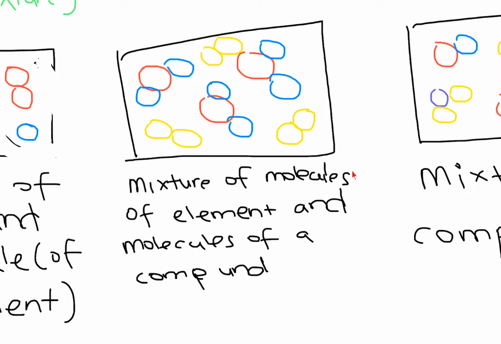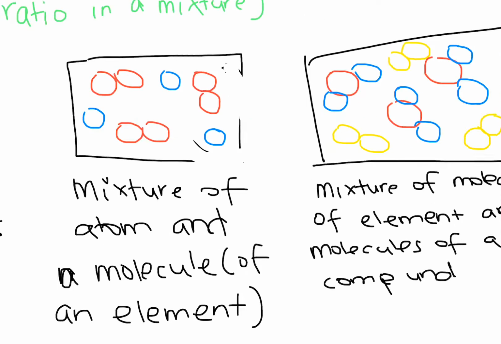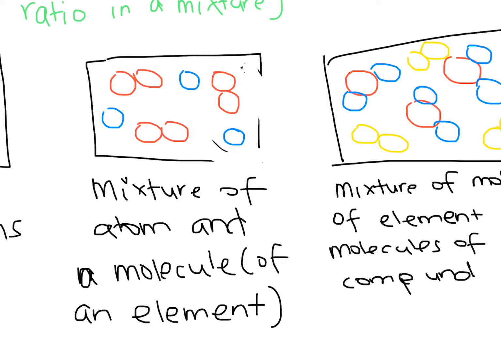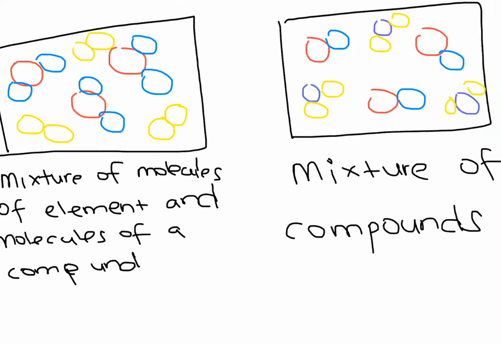So you have a mixture of molecules of an element and molecules of a compound. They are all molecules over here, but here you have a molecule of a compound, and here you have a molecule of an element. These ones are not molecules, they are just atoms. So this is why we say mixture of atoms, and the red ones are molecules.